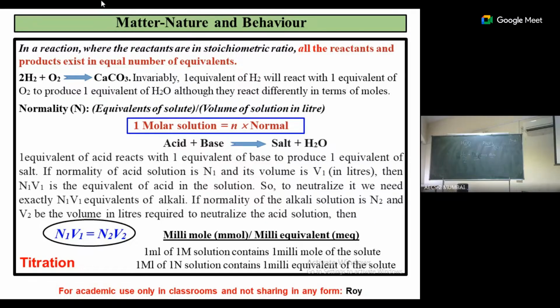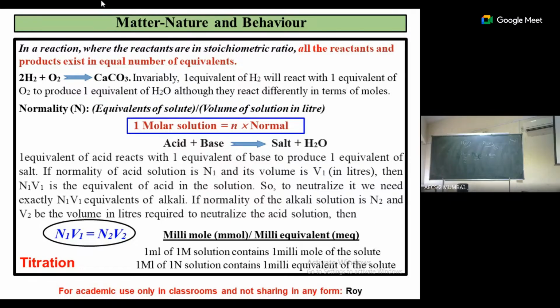Got it? Now I will just introduce a very effective concept which is called MEQ, or millimolar or milli equivalent. Usually your concentration is given in normality or molarity, but the volume of solution is given in milliliter. So the MEQ concept or millimolar concept helps a lot. What you are doing is basically taking the 1000th part.